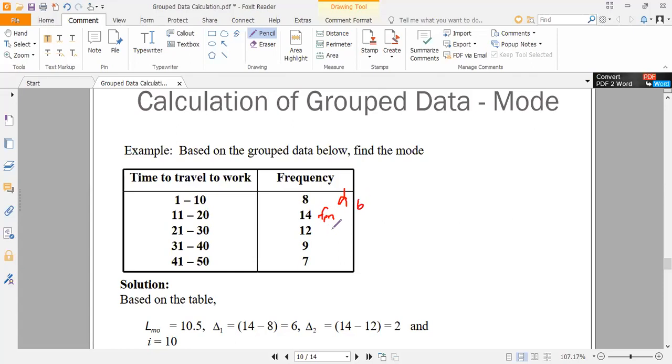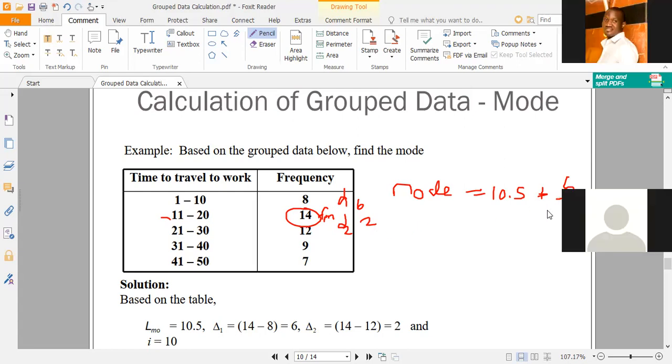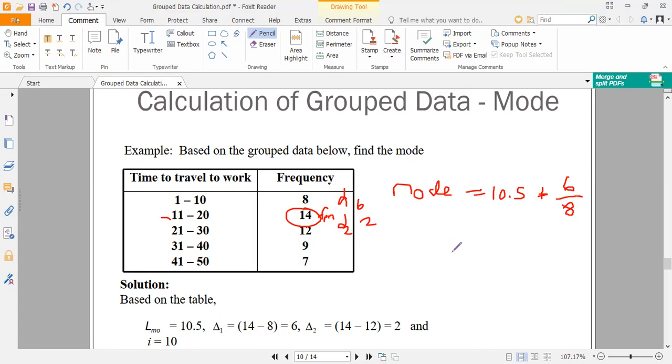The distance below, D2, is 2. The lower bound is 10.5. So the mode would be 10.5 plus the distance above, which is 6, over the sum of the distances, which is 8. So we are done with our mode.